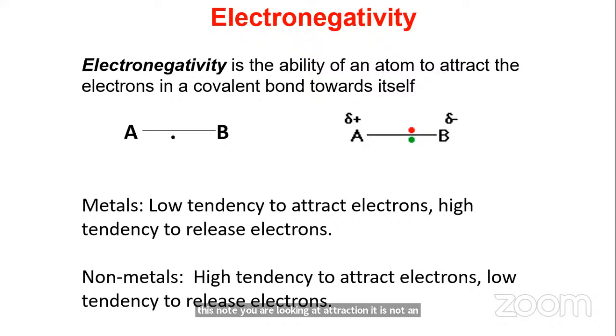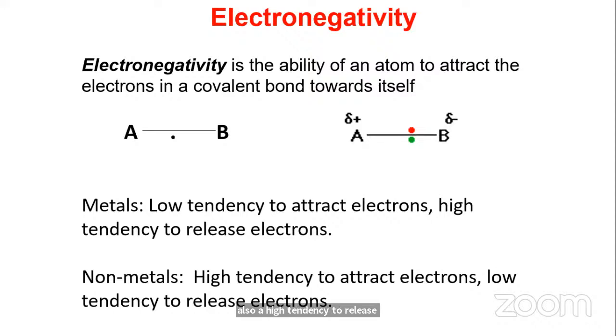And when that occurs, the one that has a greater electronegativity acquires a partial negative charge, while the one that has a lower electronegativity acquires a partial positive charge. Generally, metals have a low tendency to attract electrons and also a high tendency to release electrons.